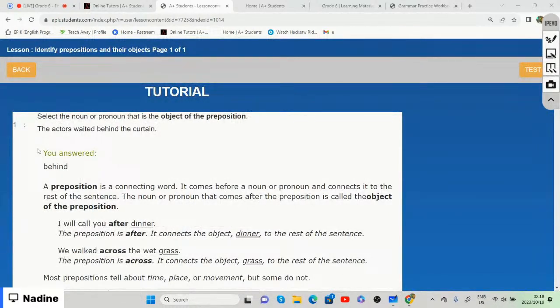Here's the sentence: the actors waited behind the curtain. If we were to identify the object of preposition, what would it be? Or you could identify the preposition before we find the object.